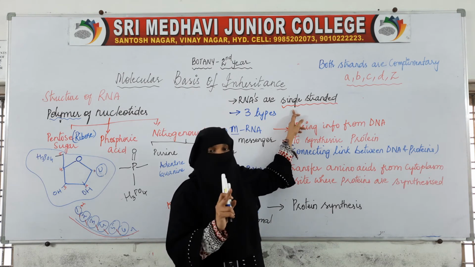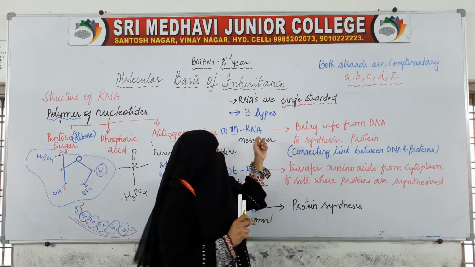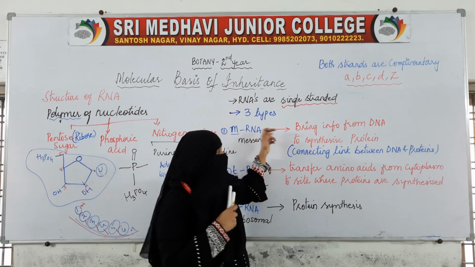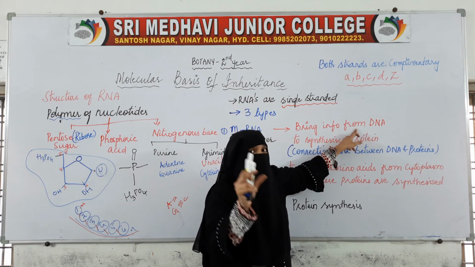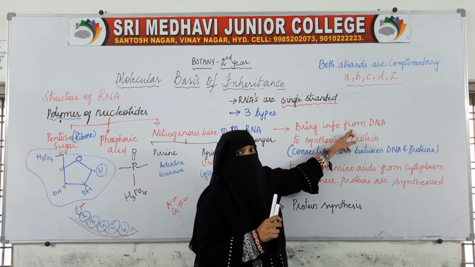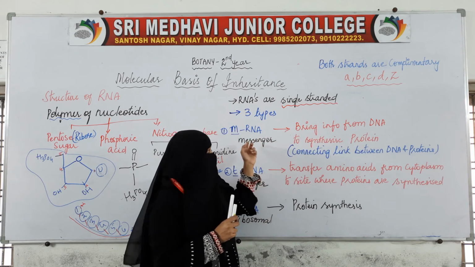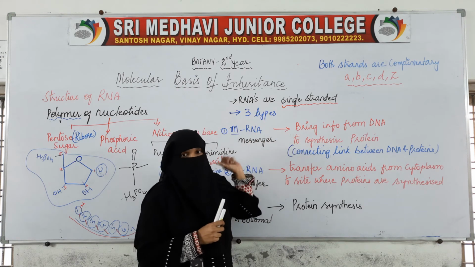So RNA will synthesize proteins with the help of these three types. The first one is mRNA. It brings the information. I said DNA gives the information about what protein has to be made, and that information from DNA will be brought by mRNA.